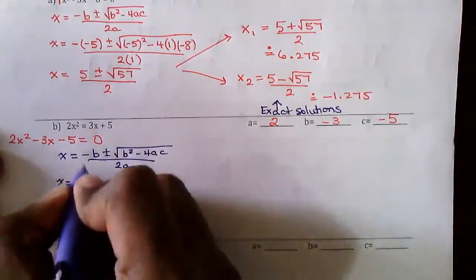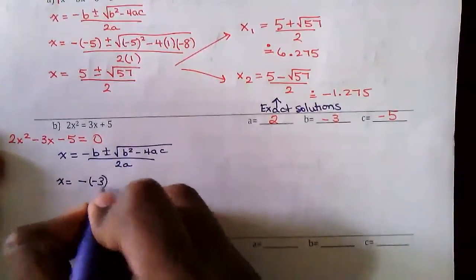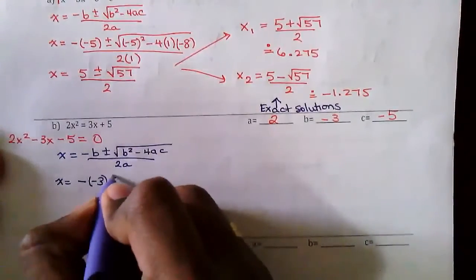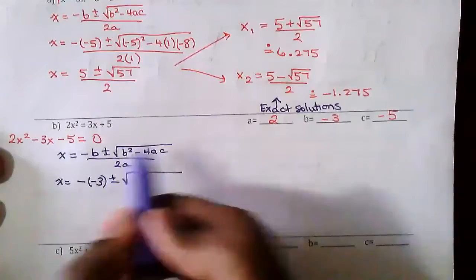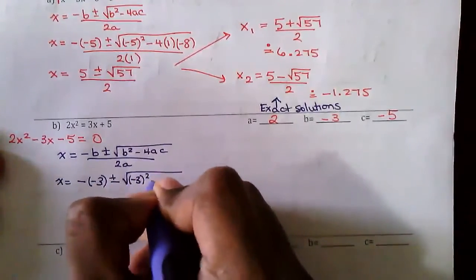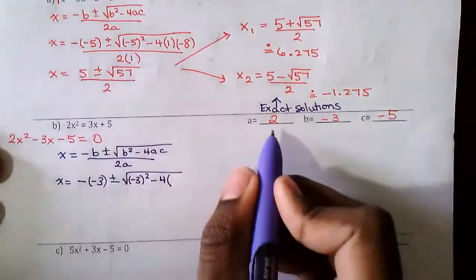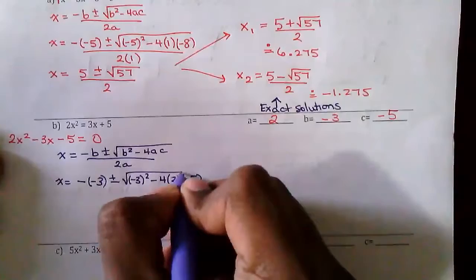So x is equal to, there's a minus there, and b is negative 3, so I'm going to put that in brackets, plus minus the square root sign. The b here is a negative 3, so negative 3 squared minus 4. My a is a 2, and my c is a negative 5.